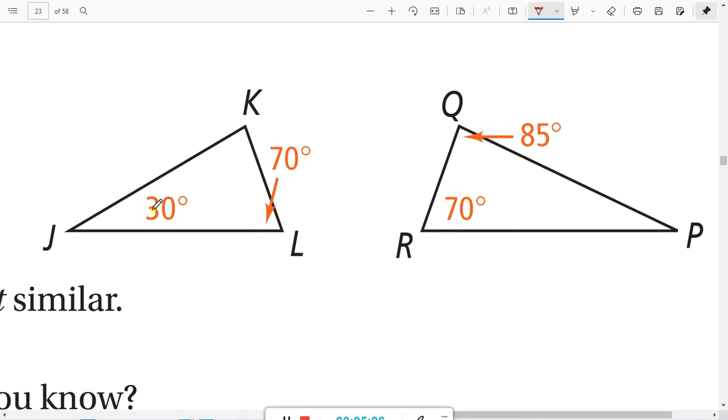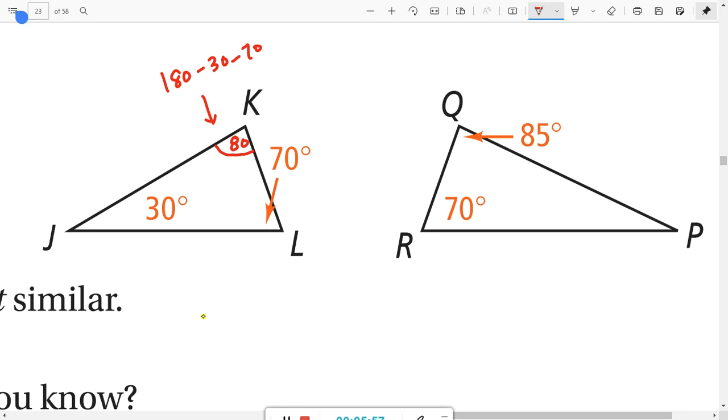So if this one is 30 and this one is 70, this one right here is just going to be 180 minus 30 minus 70, right? The whole thing, interior angles, the whole thing adds to 180. So I just subtract this one and this one, okay? And that's going to be 80 degrees.